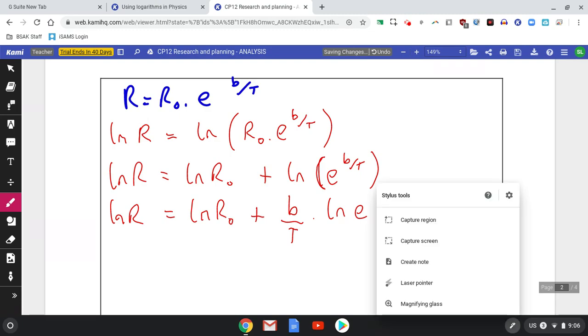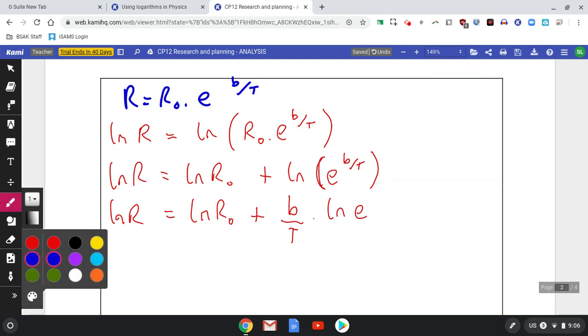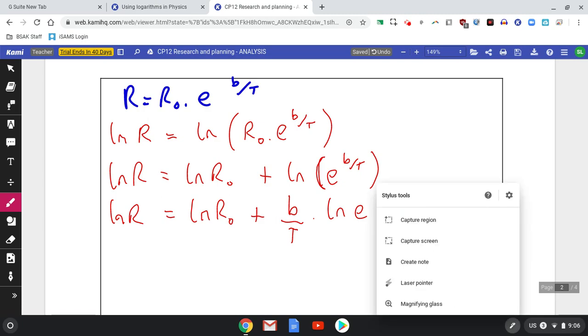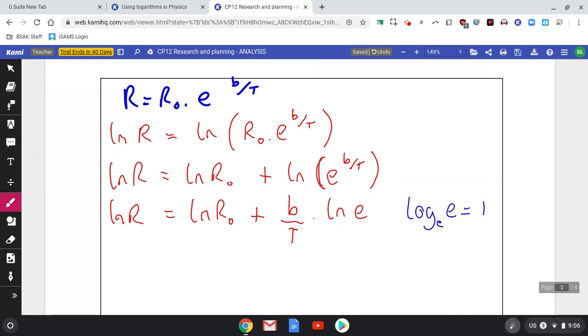Now don't forget, ln e is log to base e of e. Now what did I say that was always equal to? The log of a base of the same number is always 1. So ln e is 1.